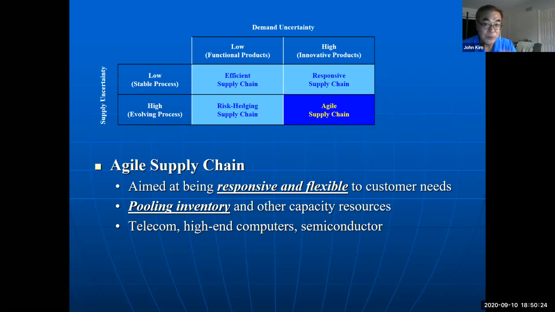And also try to reserve supply. So we call that agile supply chain. Move fast. Either way, both sides, demand side and then the supply side, try to move fast. So that is the agile supply chain.